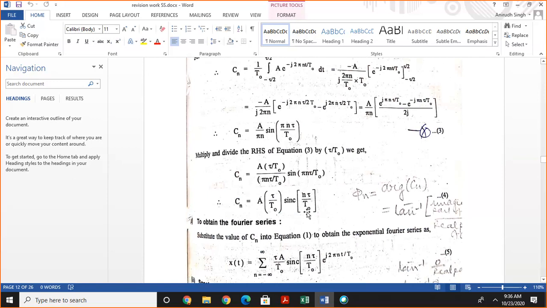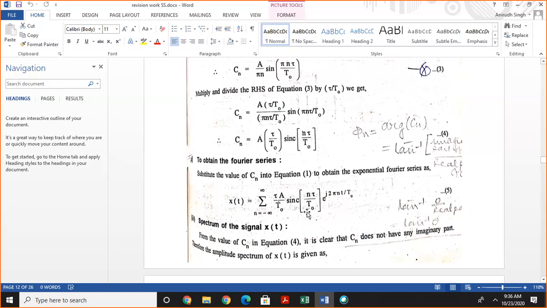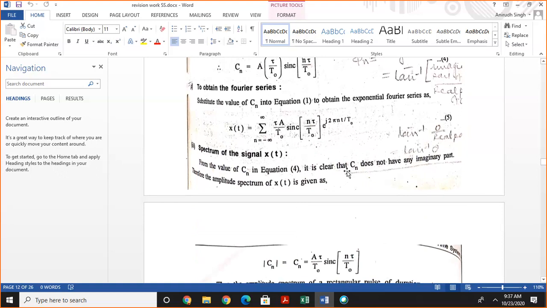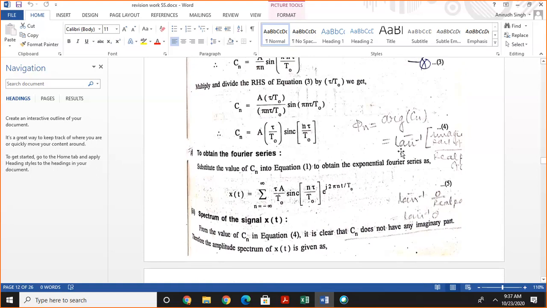So put the value of x of t and put the limit, then integrate and substitute the limit, and you get the value of Cn. Then Cn is given by A divided by pi n, sine of pi n tau divided by T naught.